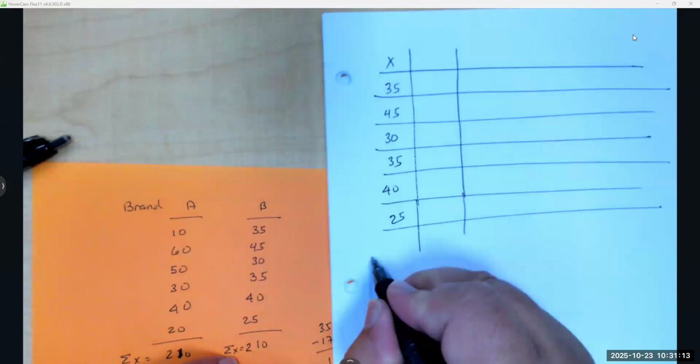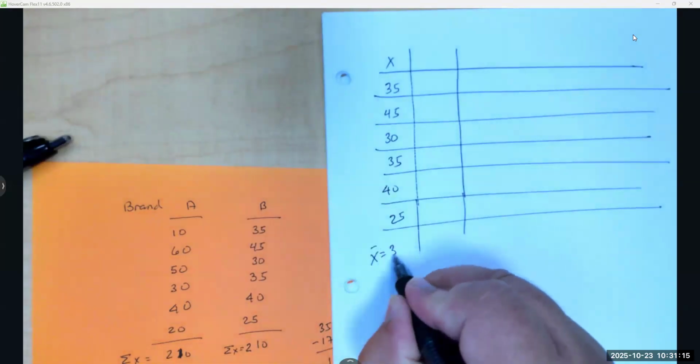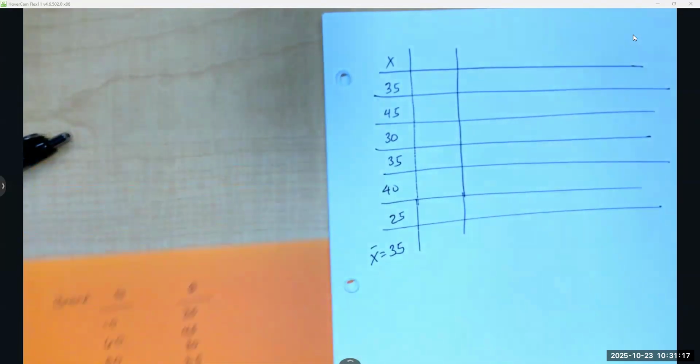And we know already that our average is 35. We did, that's the first thing we did. So in the first column we're gonna do what? Very good question.